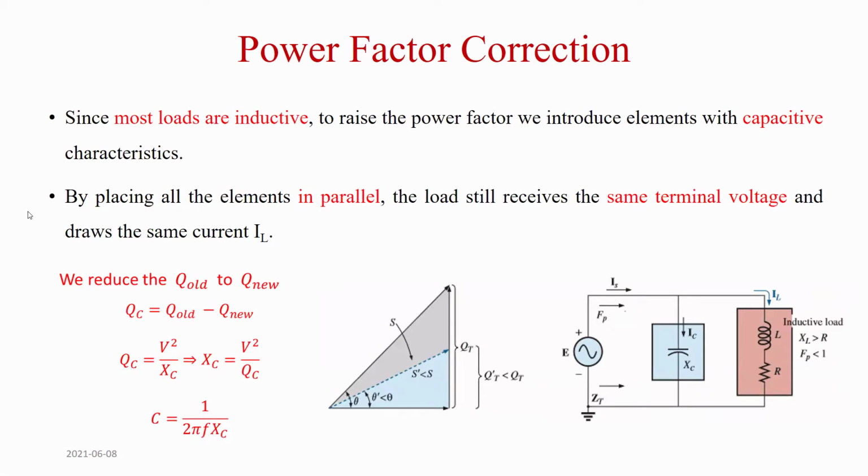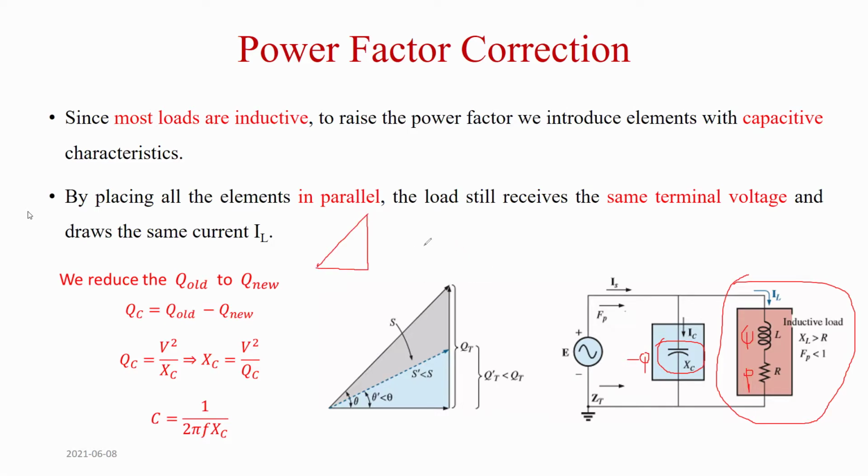Now here's the procedure in a single phase, and this is the stuff you did before. This is the load, inductive load. So it has P and has Q. The load is still going to be the same. It's going to take the same current, okay? You're going to add a capacitor. It's going to give you negative Q. So this is the original system, the load by itself.